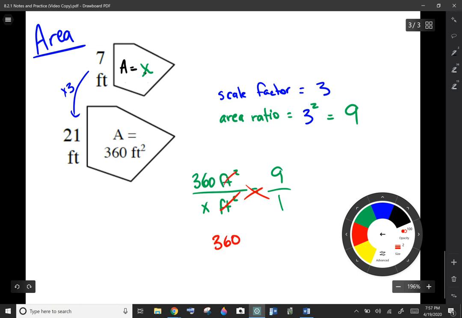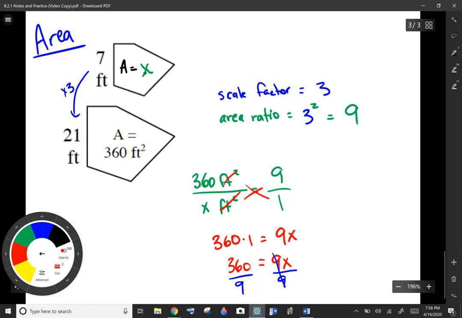By the way, these feet squared will cancel out. 360 times 1 equals 9x. Simplify that. 360 equals 9x. And then we divide by 9 on both sides. That cancels out, and we get x is equal to 40. So we know that the area of the smaller shape is 40 feet squared. That is the area of our smaller shape.